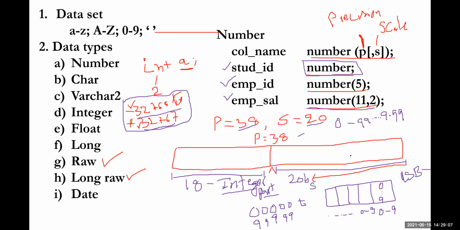Okay. And as far as SQL is concerned, number is a data type which is called the fixed point float value. This is a fixed point float because you can expect: how many digits have been allocated for scale here? 2 digits.